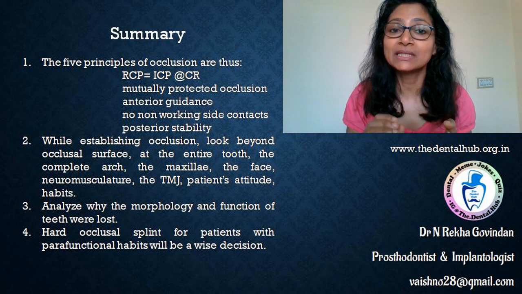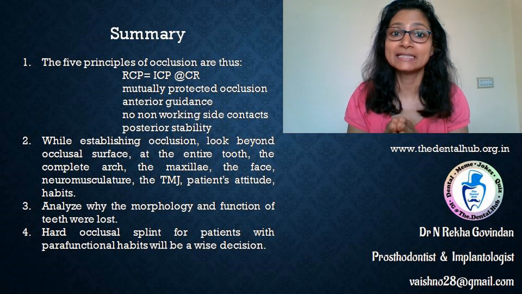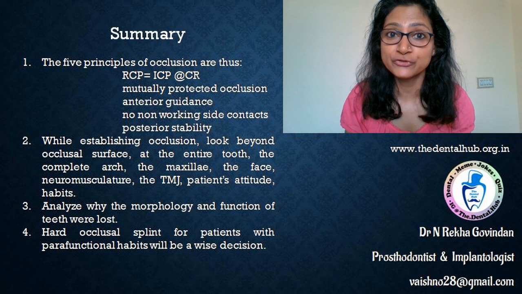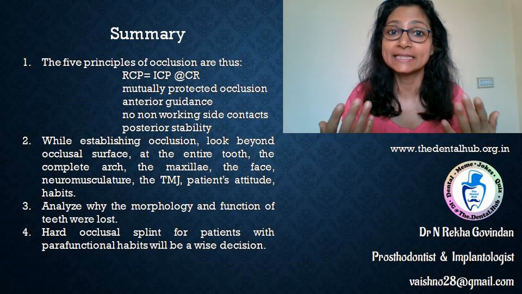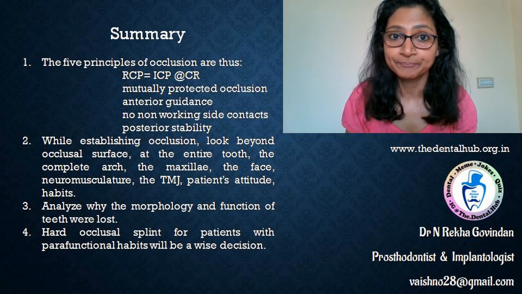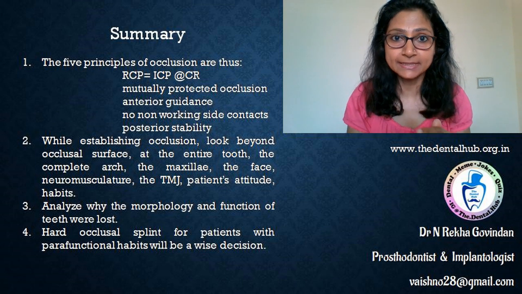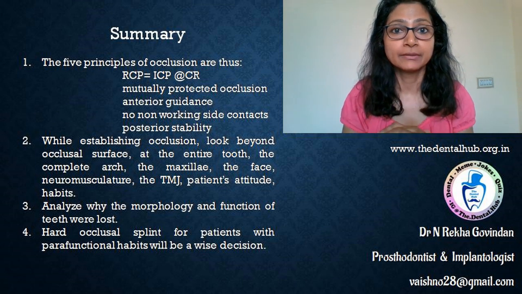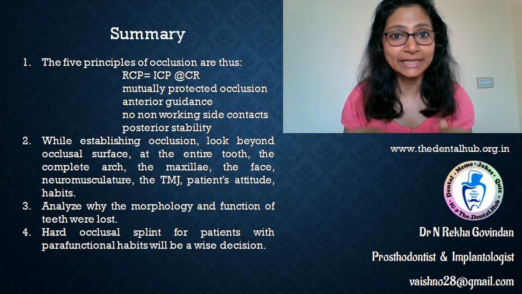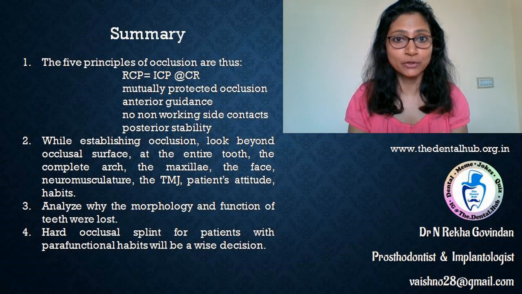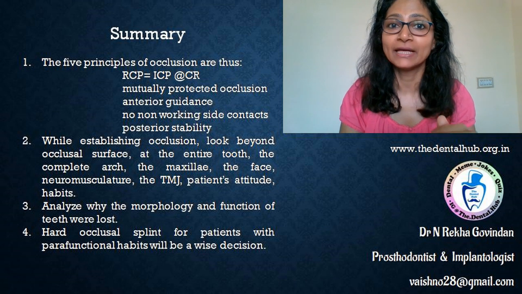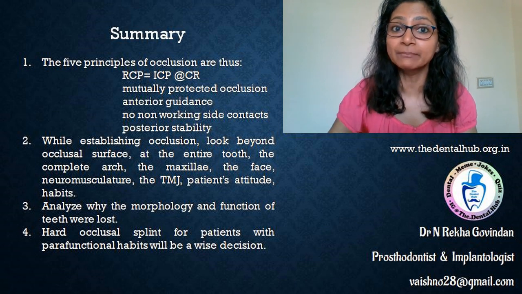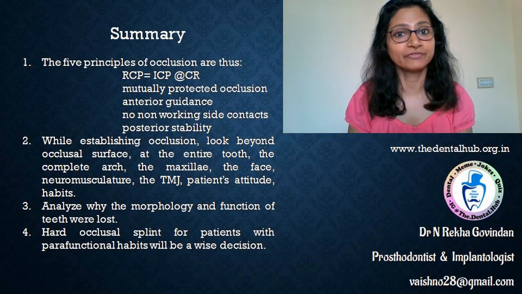Okay, then you will look at the patient's psyche, whether the patient is under any tremendous mental stress, or patient has any sleep apnea or disorders. All these factors are considered before you establish an occlusion, an ideal occlusion for a dentate individual, because that occlusion that you have established should be maintainable over a very long period of time.